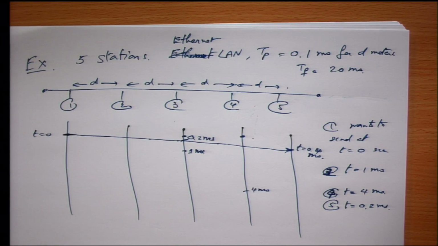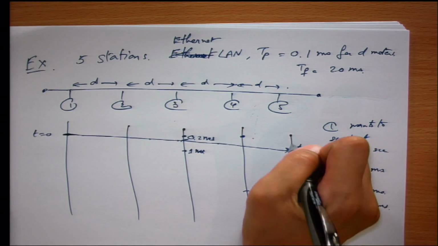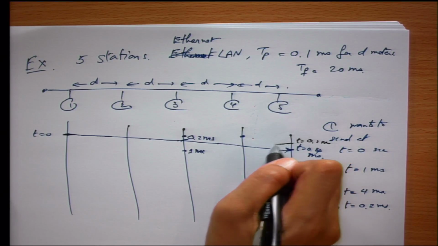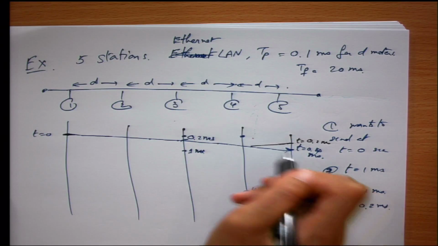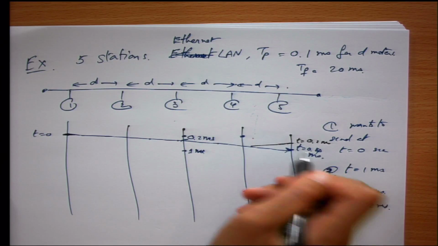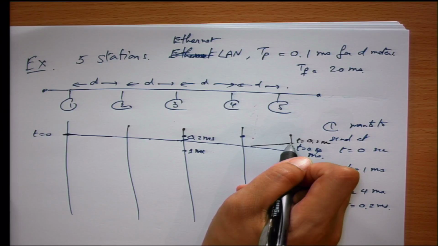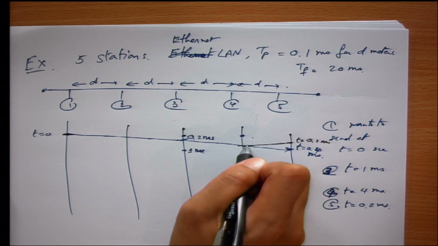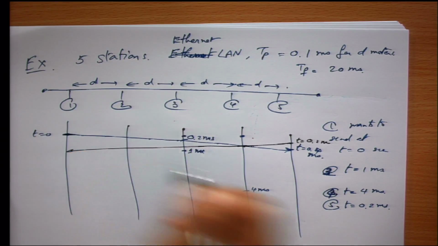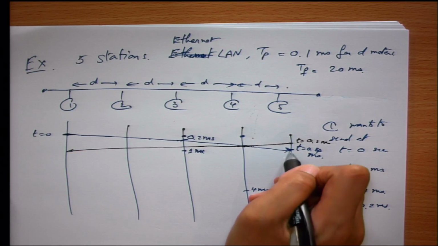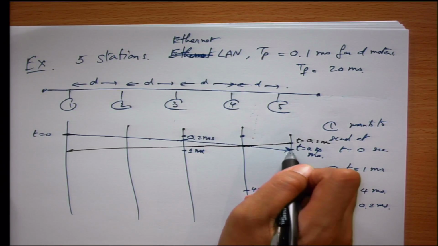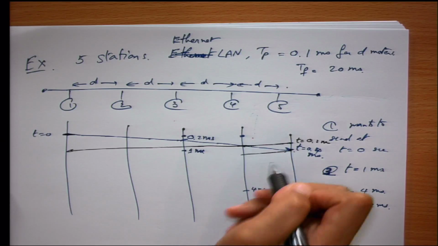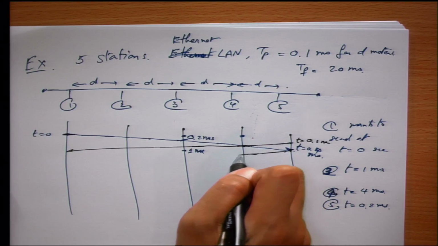There will be a collision, right? Because at t equal to 0.2 millisecond, it starts sending. When station 5 starts sending, it sees the collision here, so it will stop sending.